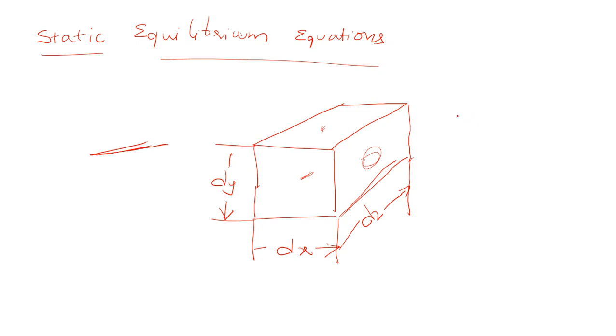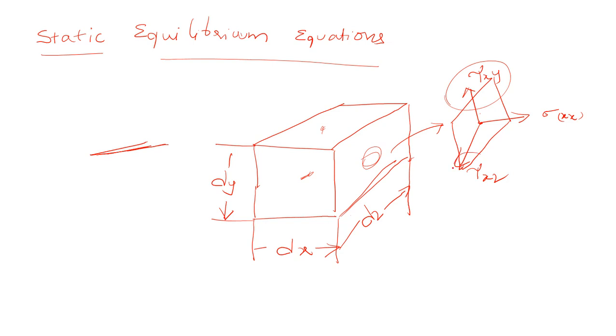Suppose we are considering this plane, and I am projecting this plane to here. One is sigma xx, which is the normal stress. Another is tau xy, and tau xz. These two are the shear stresses on each plane.